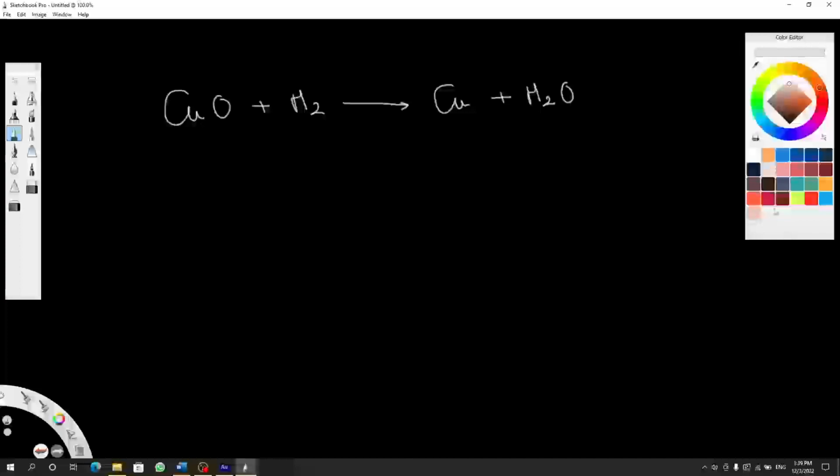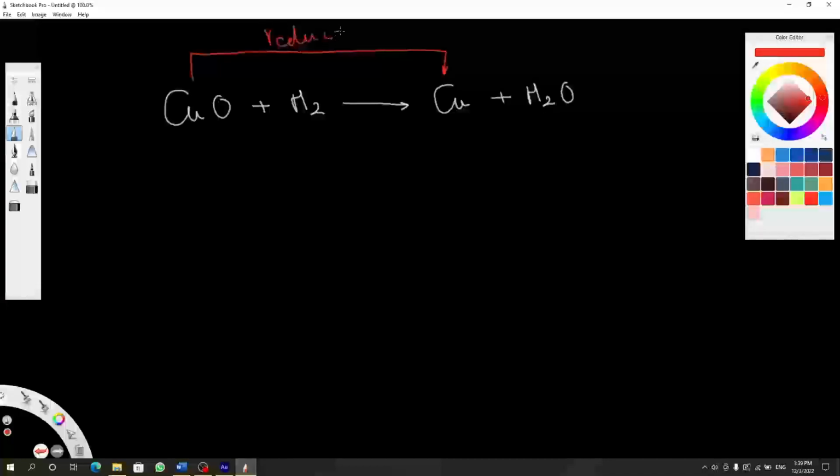Now, if you look at copper oxide right here, in the products it became copper, which means that copper oxide lost oxygen, which means that this process is called reduction.